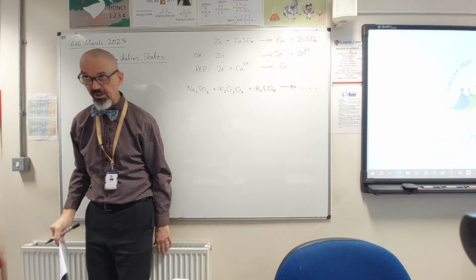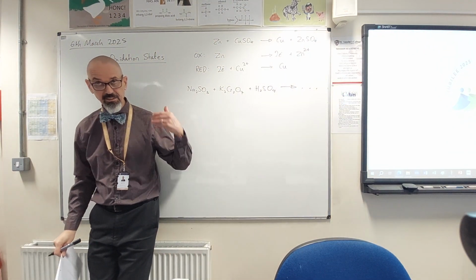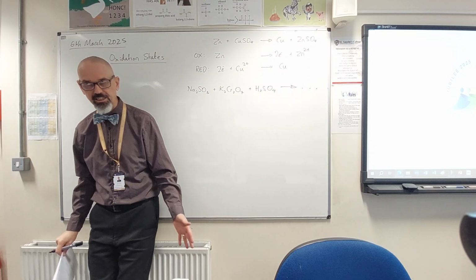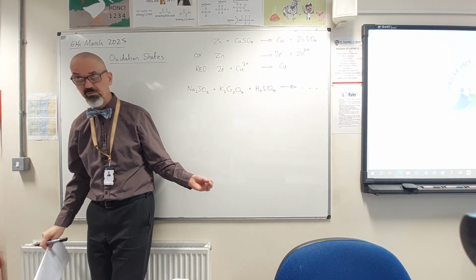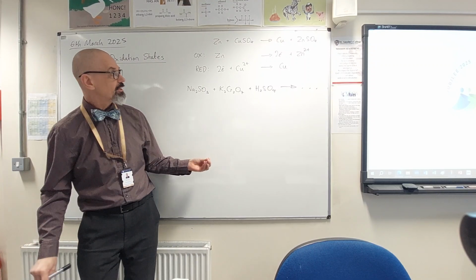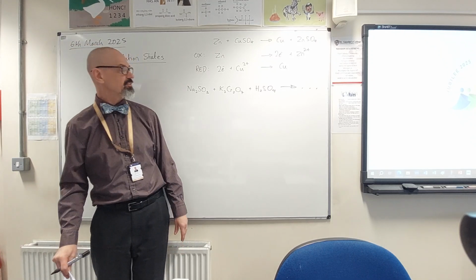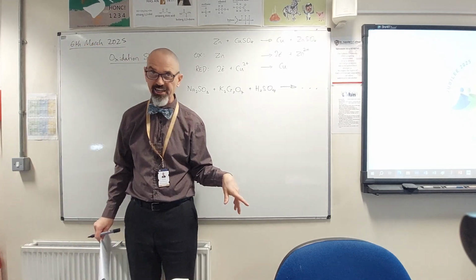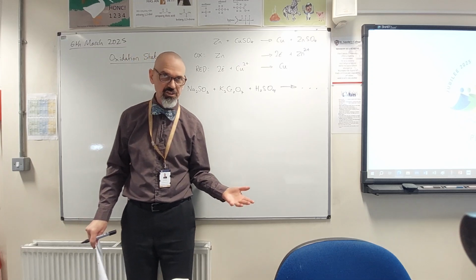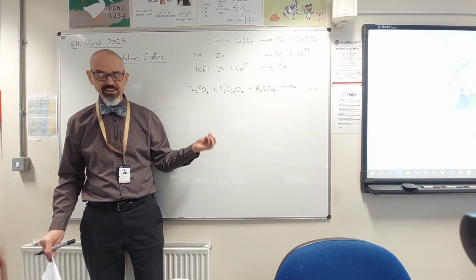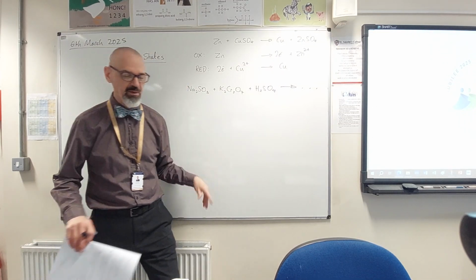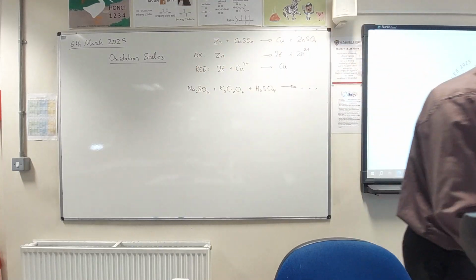Well, once we start putting multiple compounds into a reaction, it becomes much harder to pull out what's being oxidized and what's being reduced, or even to know what's happening full stop, aside from the fact that it went from orange to green. But it's quite hard to generate the half equations from that, and I'm not expecting you to be able to do that, not yet.